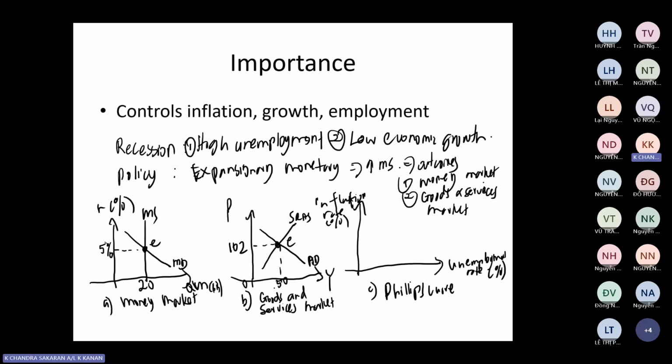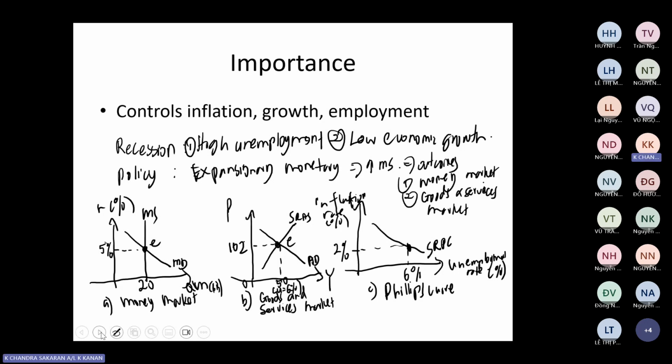Production, real GDP 50 billion, unemployment, let's say 6%. So what is the inflation rate? Index 102 means inflation is 2%. Unemployment given 6%. So this is how you get the short run Phillips curve.